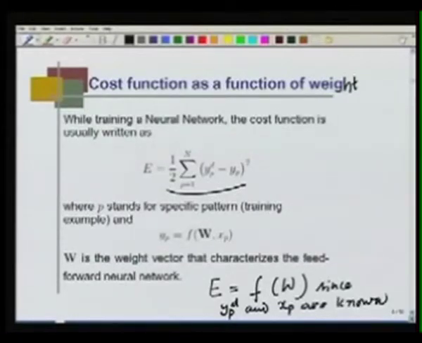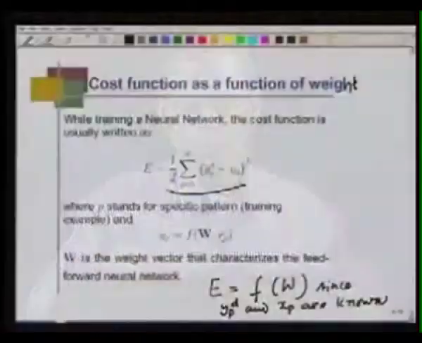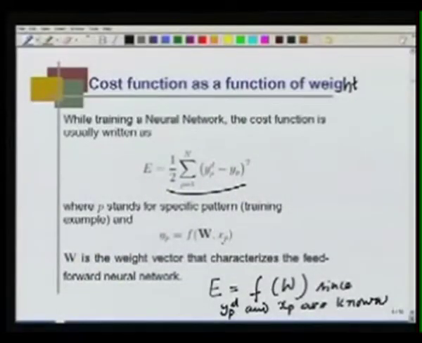Given a training set, I know what YPD is. In YP also, I know what XP is. So, all that I do not know is the weight vector. So, in that sense my cost function is simply a function of the weight vector.